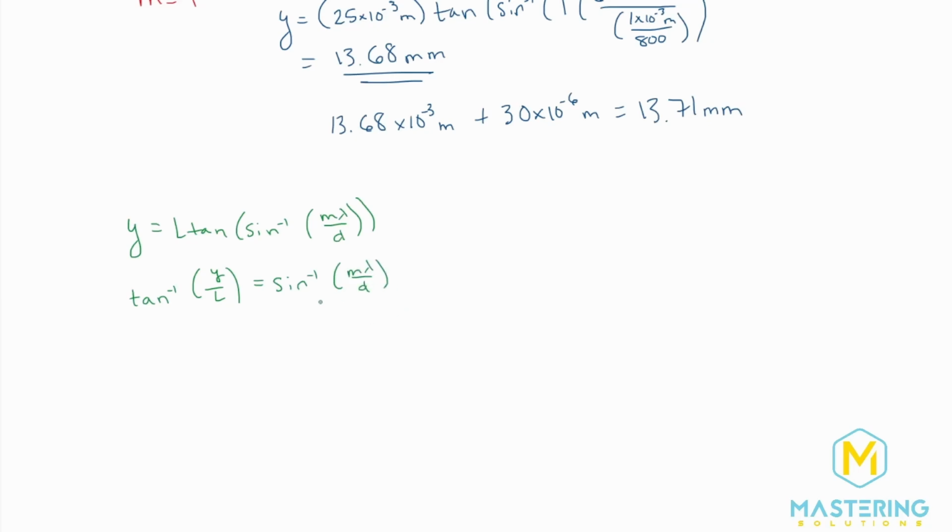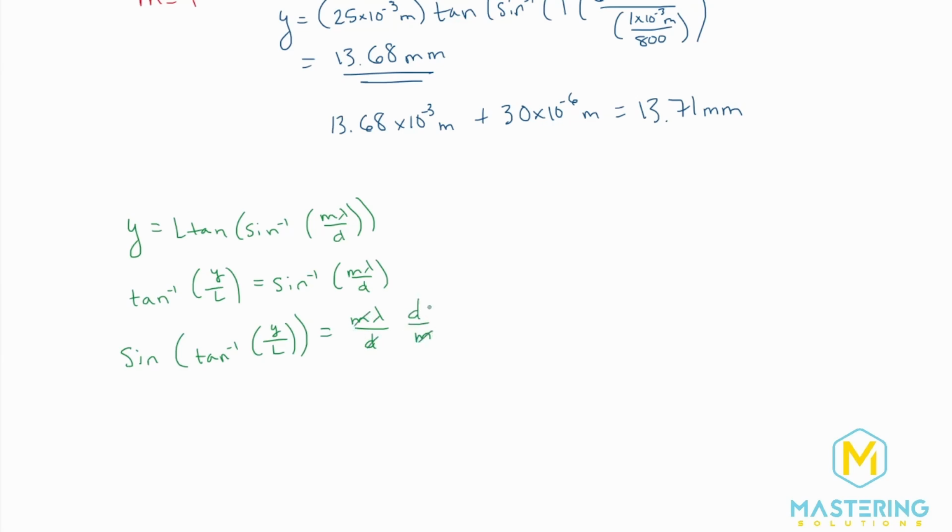Now we can take the sine of both sides of the equation. So we have sine of inverse tangent of y over L is equal to m times lambda over d. And now we can multiply both sides by d and divide by m.